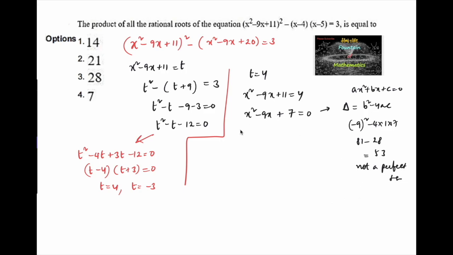Since it is not a perfect square, and delta is greater than 0, we can say they are real roots, but they are irrational. They are not rational, having irrational roots.